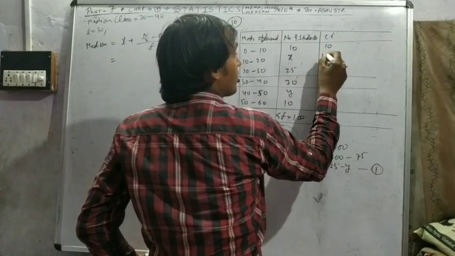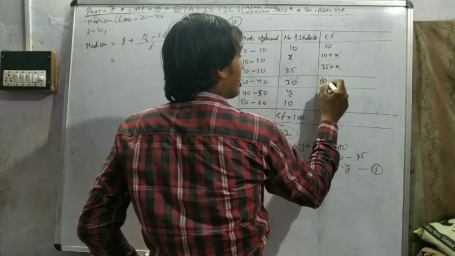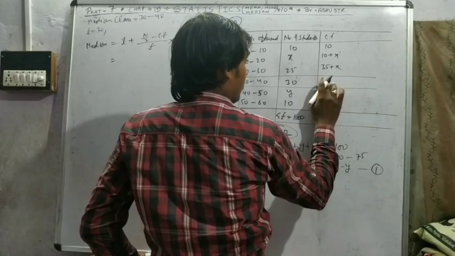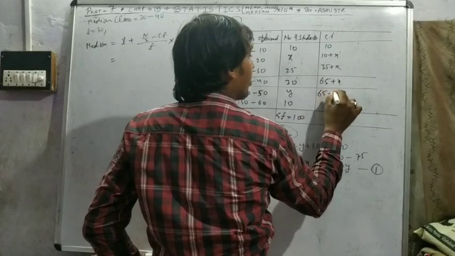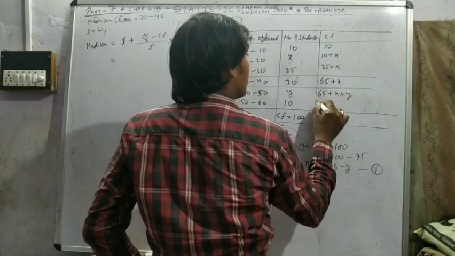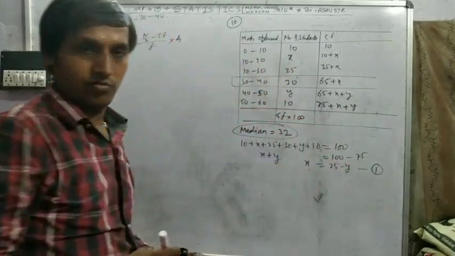The cumulative frequencies are 10, 10 plus x, 35 plus x, 65 plus x, 65 plus x plus y, 75 plus x plus y. This is the CF.